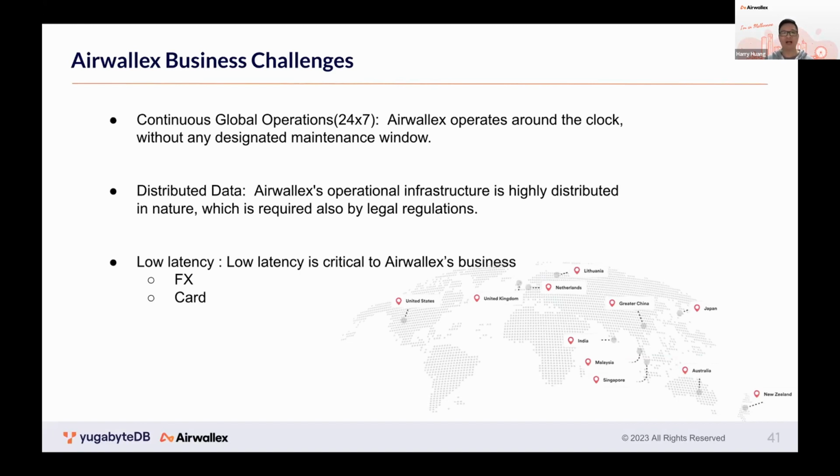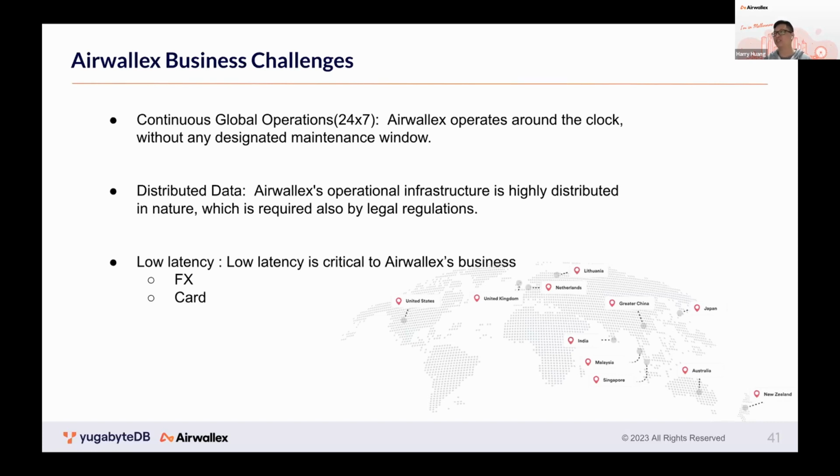And secondly, our data is highly distributed because, in order to comply with legal regulations in different locations, we must maintain localized data storage. This means any sensitive data like financial data, customer information, transaction records, etc., must be stored within a specific jurisdiction to comply with data protection and privacy laws.